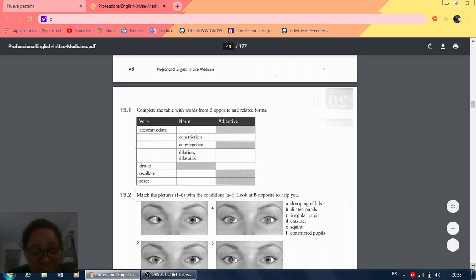Match the pictures with the conditions. Look and be and say a positive to help you. Jumping of leaf, 6. Delete pulpits, 3. Irregular pupils, 2. Digo, 2. Craze, 5. Squid, 1. Constrict purple, 4.